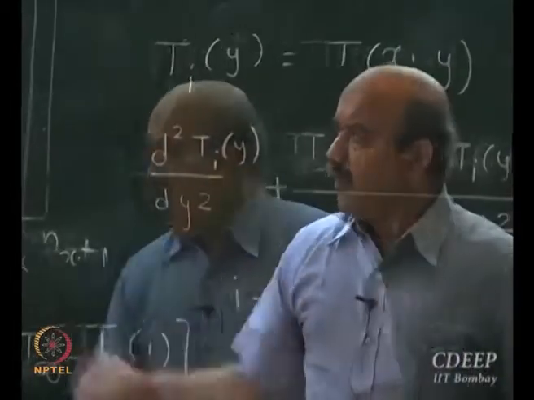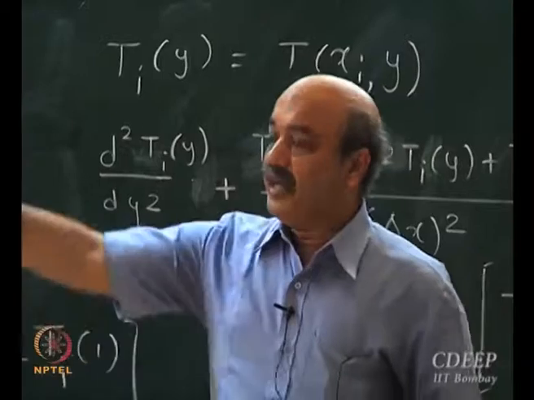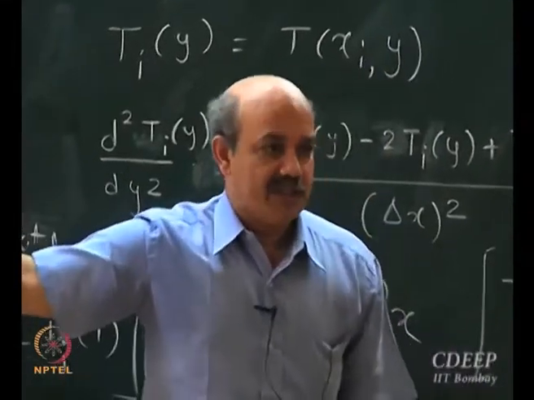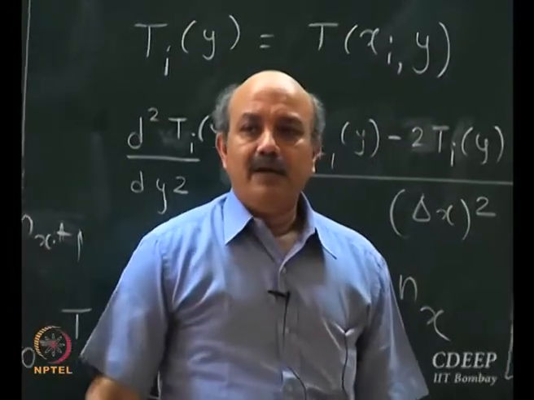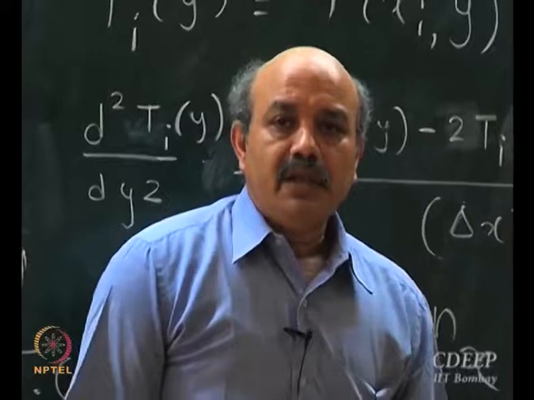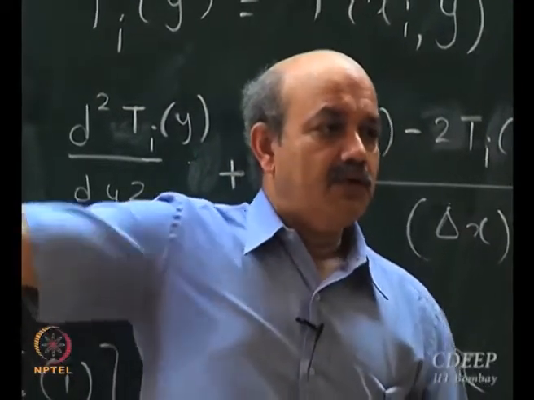Now I am just going to write one more variation of the same problem. We have been looking at the steady state equation. What if I decide to look at time variation in addition? This is the steady state Laplace equation. What about time variation?